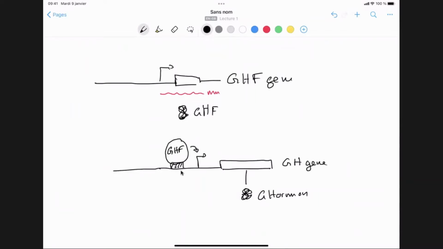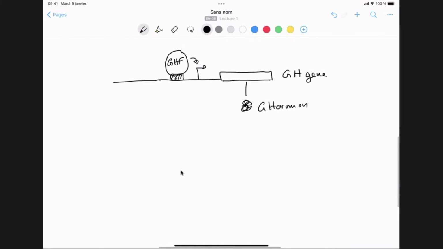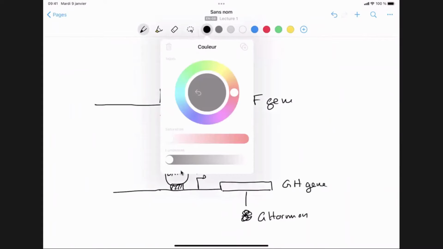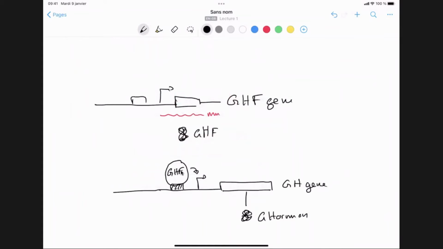Okay? The last thing that we didn't study is that this GHF is also under the control of another gene factor.